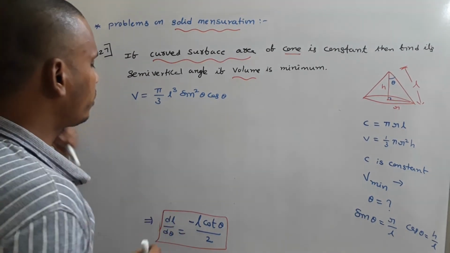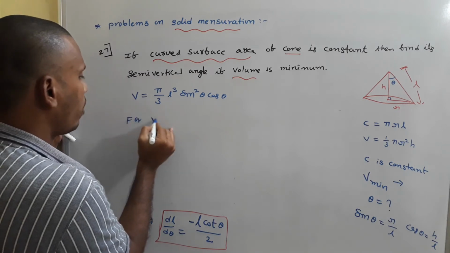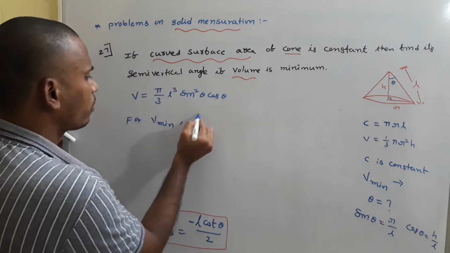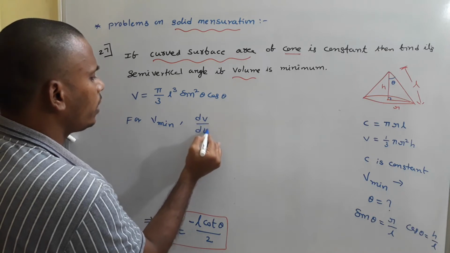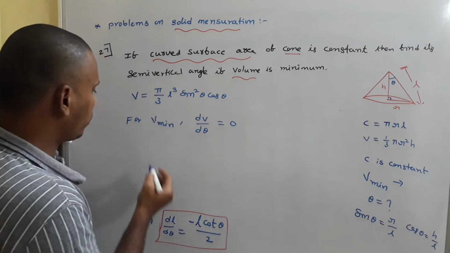How to calculate its derivative? For minimum volume, we usually use dV by d theta is equals to 0 again, right? dV by d theta is equals to 0.